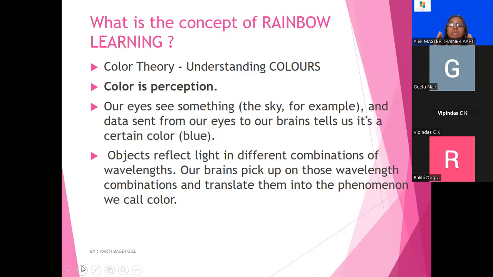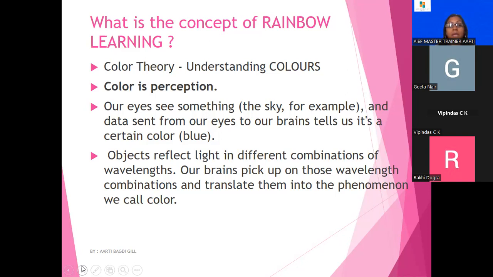What is the perception of the child? Very simple, because the color is used by the child. You are delivering something to the child and making the child perform that particular task in the classroom. So which colors the child uses is the perception of the child.